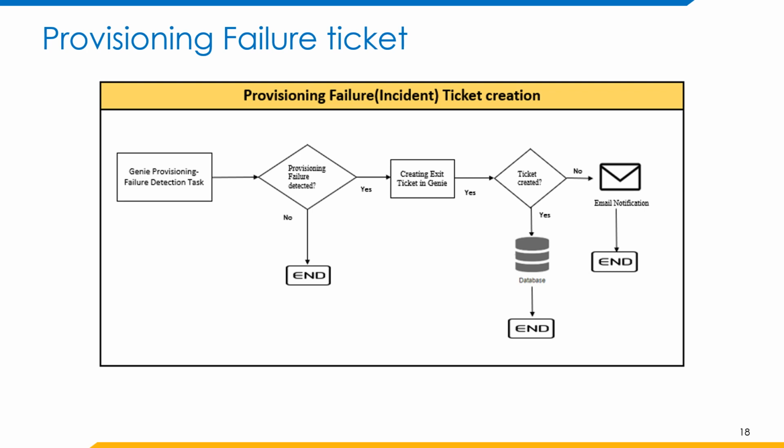Here a rule runner task named Genie provisioning failure detection task is scheduled, which filters the above provisioning failure transactions.